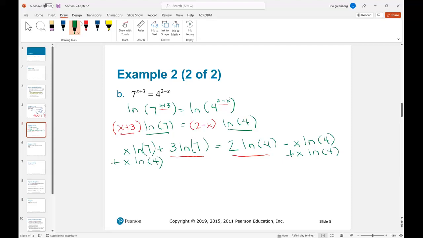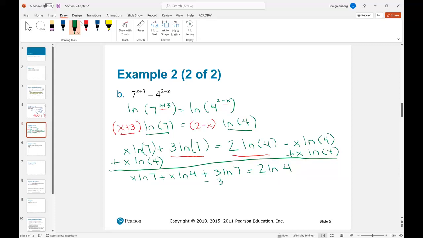And let's see, I hope this doesn't confuse you. That's okay, I'll wait. So I get x ln of 7 plus x ln of 4 plus 3 ln of 7 equals 2 ln of 4.